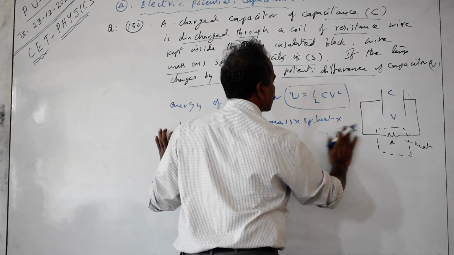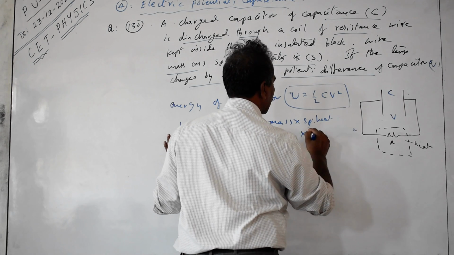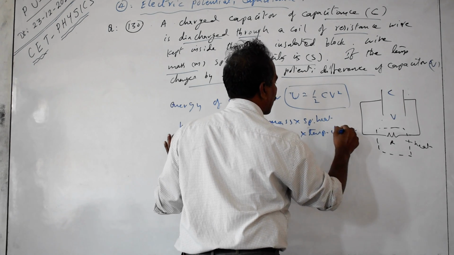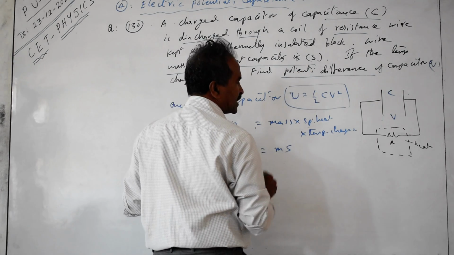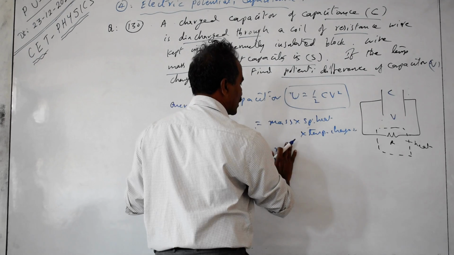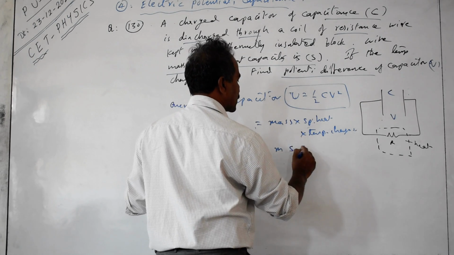That means this equals M, specific heat symbol is S, sometimes they give the C symbol for specific heat, small s actually, and temperature change is delta T.